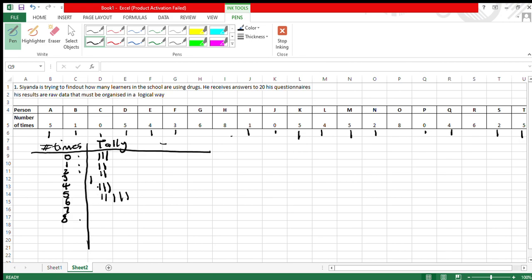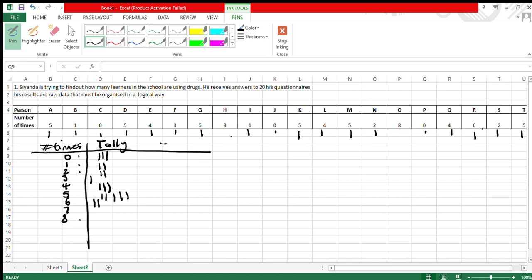And then the number of 6s, let's check. We have a 6 here. Mark a 6. And then we have another 6 here. Let's put a mark for a 6. And then I think we're done with the 6s. Let's check the number of 7s. Do you have a 7 at all in our data?